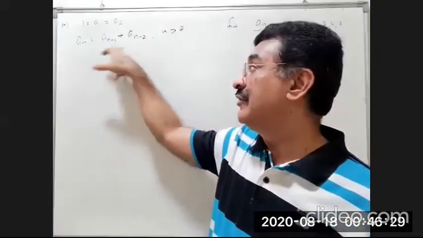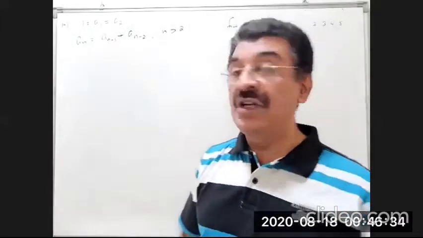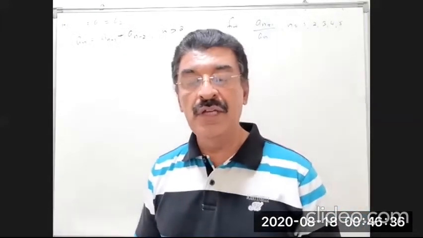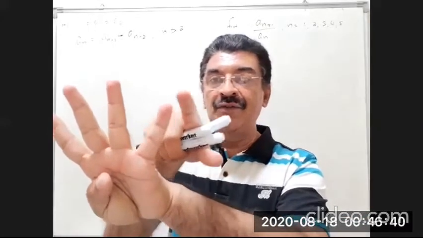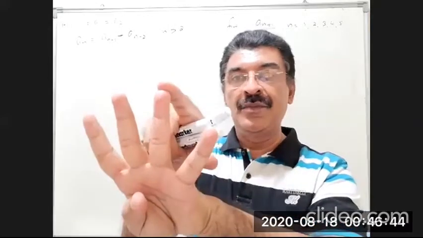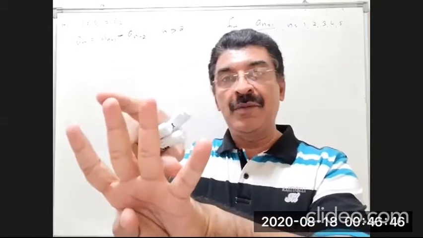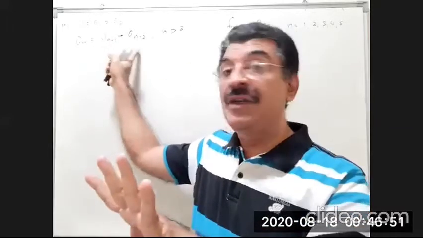How will you read this in words? an is an minus 1 plus an minus 2 means any term. If this is the nth term, n minus 1 means its previous term, n minus 2 means its previous term. That means sum of the previous two terms.